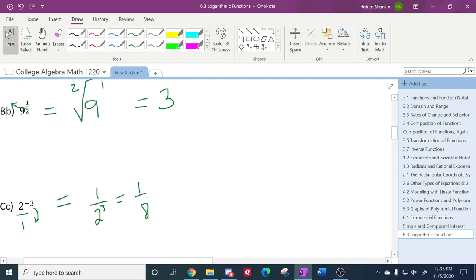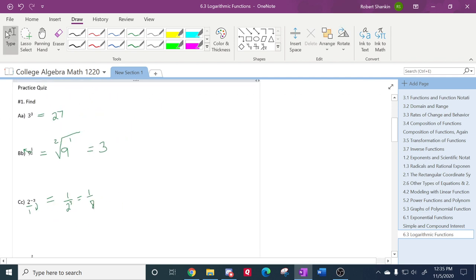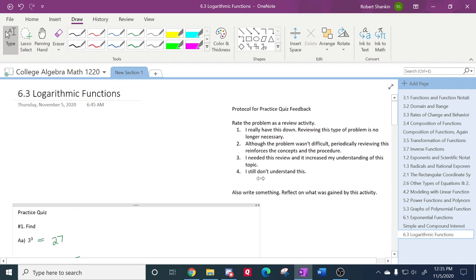Alright, so for these first 3 problems, I have a new protocol. Since this is new for me too, I keep changing things up. But I realized I needed to get this number 4 in here, so I changed everything else. So when you give me feedback, rate the problem as a review activity. Number 1, I really have this down. Reviewing this type of problem is no longer necessary.